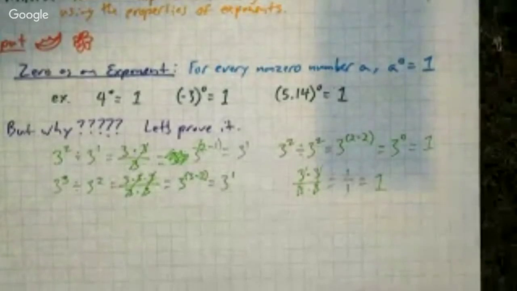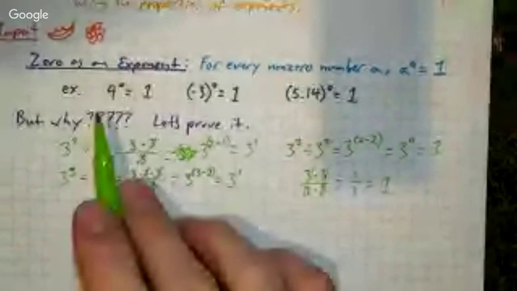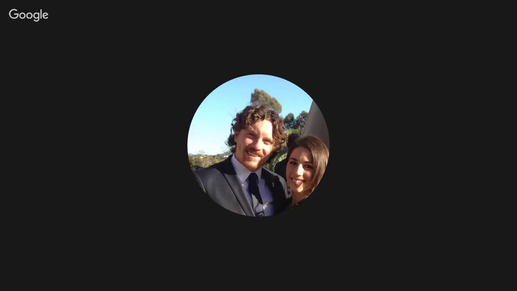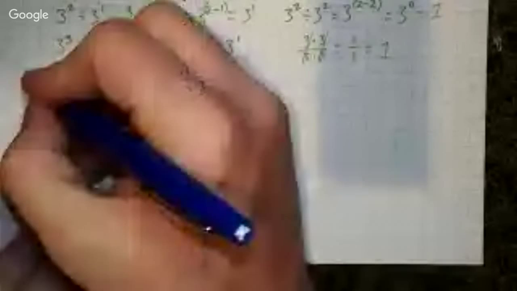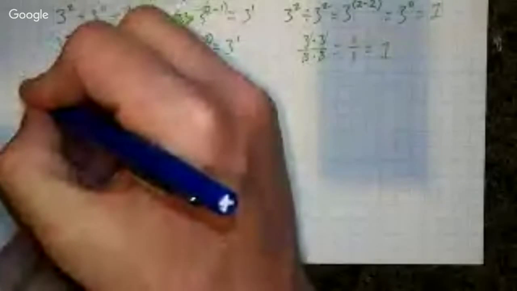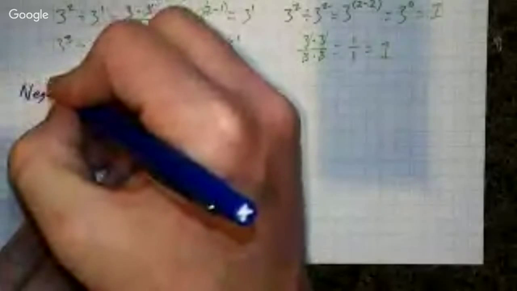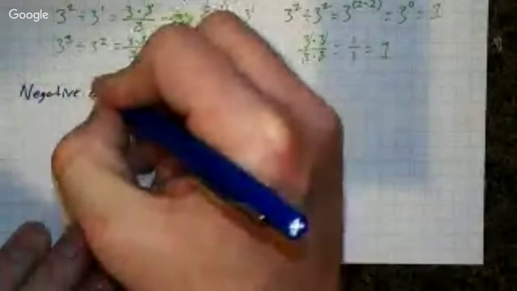Okay, so let's go ahead and move on. Let's go ahead and get our next sort of language of the discipline, which is going to be what happens when we see a negative exponent.